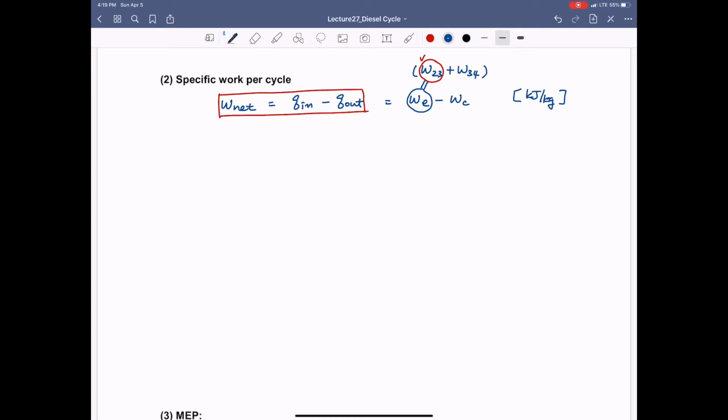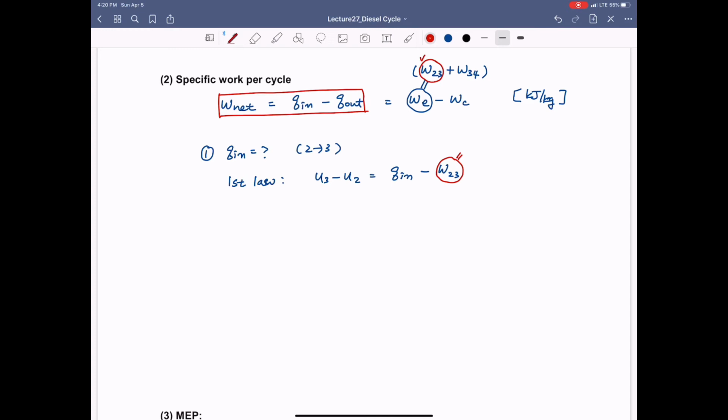So how can we calculate Q in? That happens during the process 2 to 3, the heat input process. We can write the first law during this 2 to 3 process: U3 minus U2 equals Q in minus W23. This W23 can be calculated in terms of PdV.